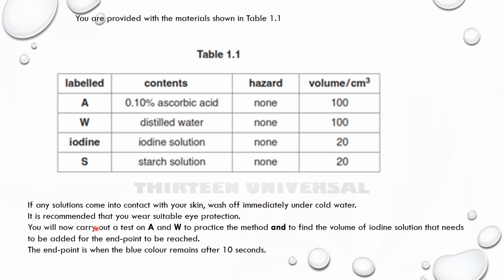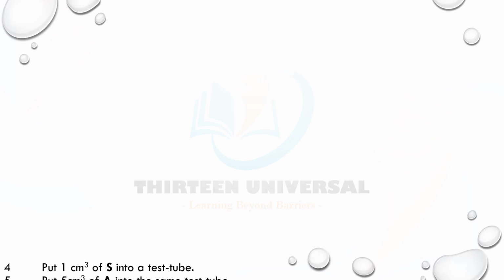You will now carry out a test on A and W to practice the method and find the volume of iodine solution that needs to be added for the endpoint to be reached. Iodine reacts to produce blue-black, and the endpoint is when the blue remains after 10 seconds.